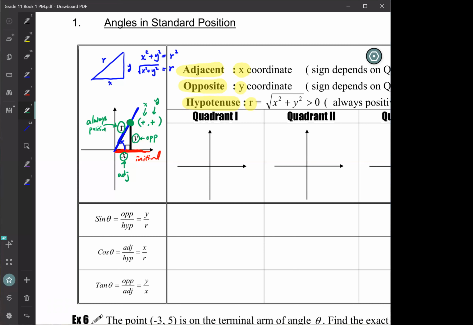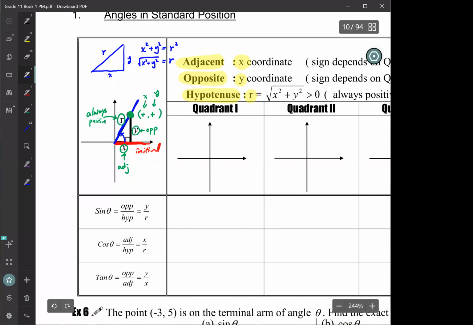So the sides will depend on the coordinate of the point. So let's go to the first column, okay? Quadrant one, which we already went over, okay? So I'll quickly draw that. So you have a point here. This point is at a positive coordinate.